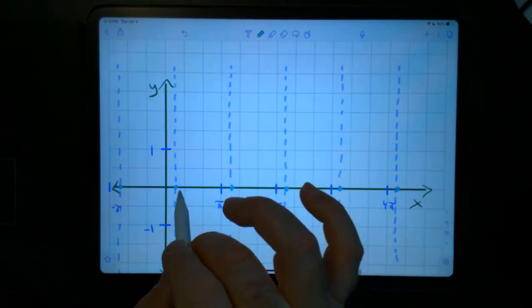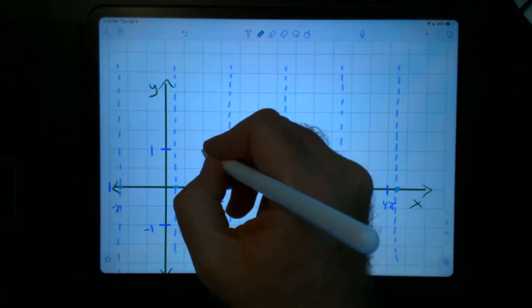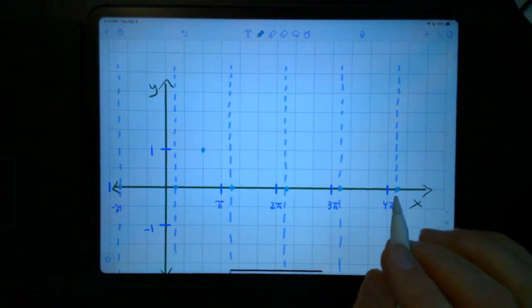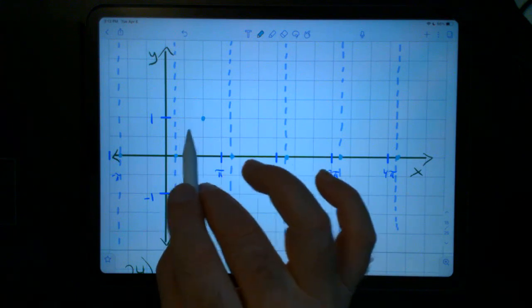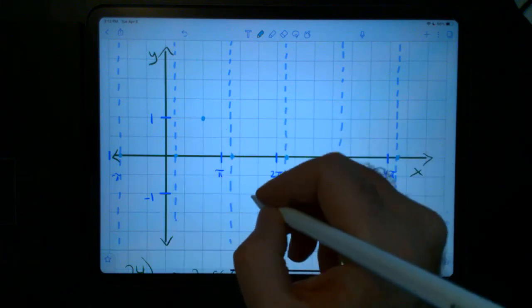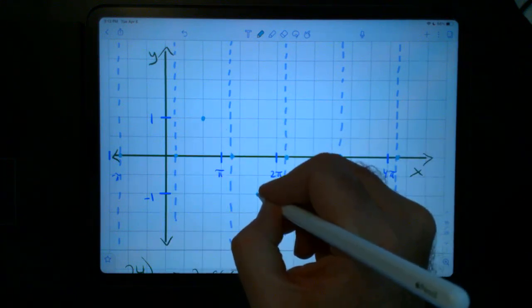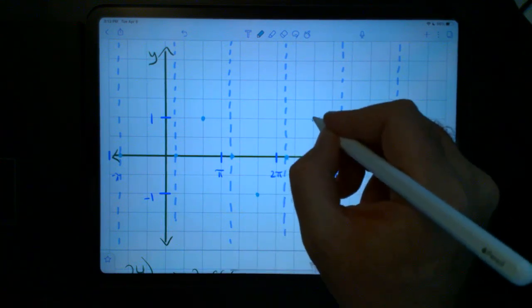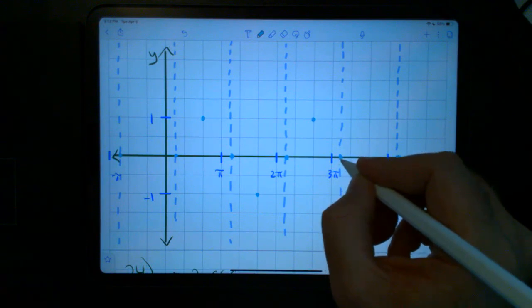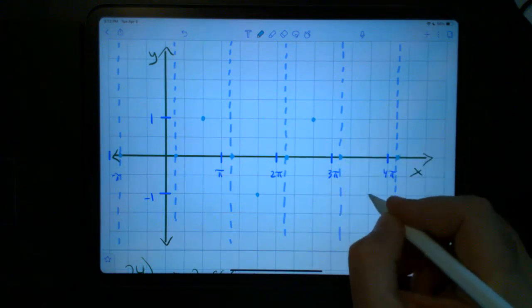So if this is 1 pi over 3, this will be 2 pi over 3, and this is where we will have a maximum value. Similarly, at 5 pi over 3, we'll have a minimum. 8 pi over 3, 11 pi over 3.